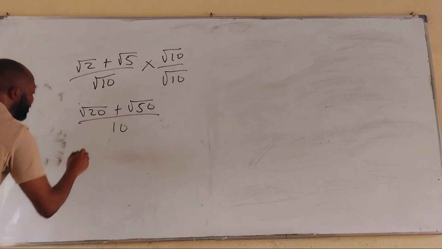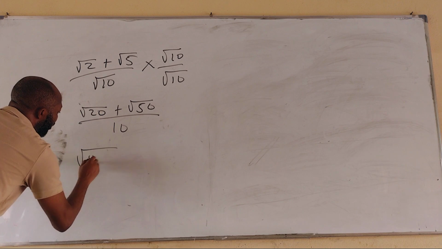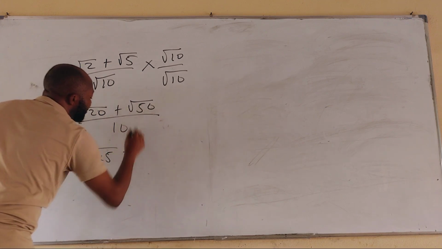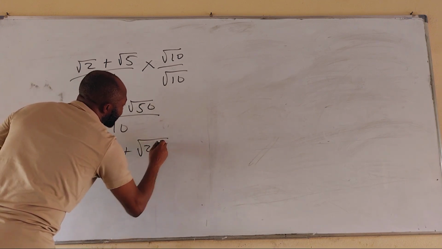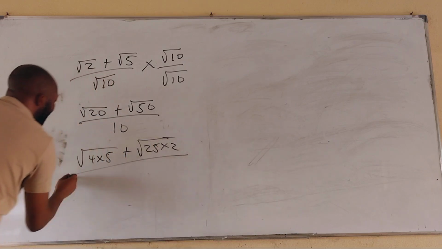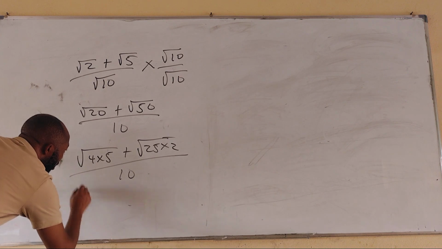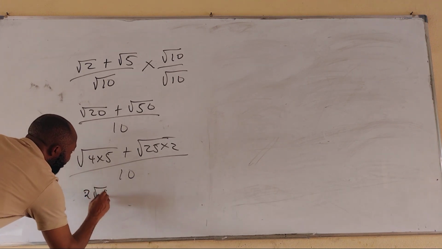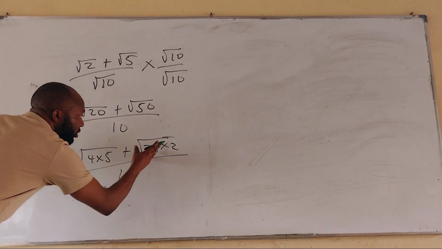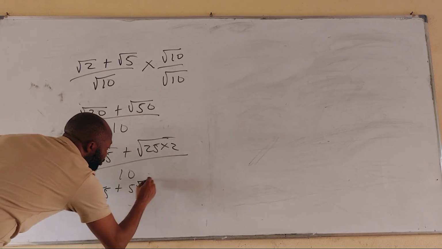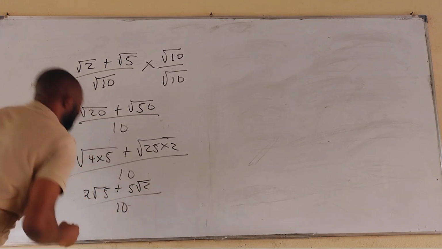Root 20 is the same thing as root 4 times 5, plus root 50 is the same thing as root 25 times 2, over 10. The root of 4 is 2, so 2 root 5, plus the root of 25 is 5, so 5 root 2, over 10.